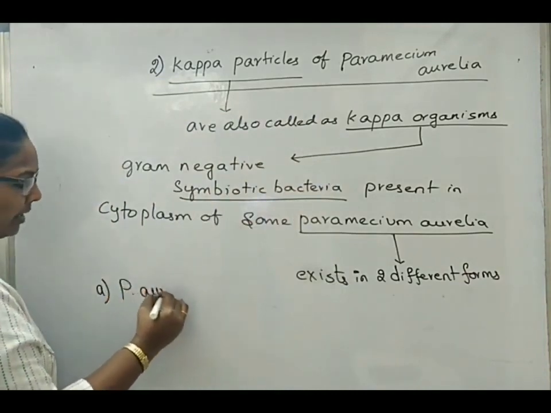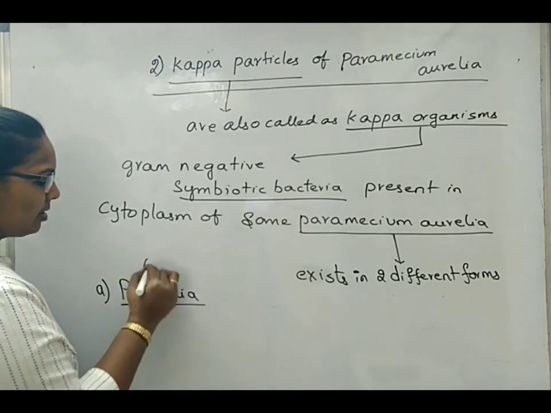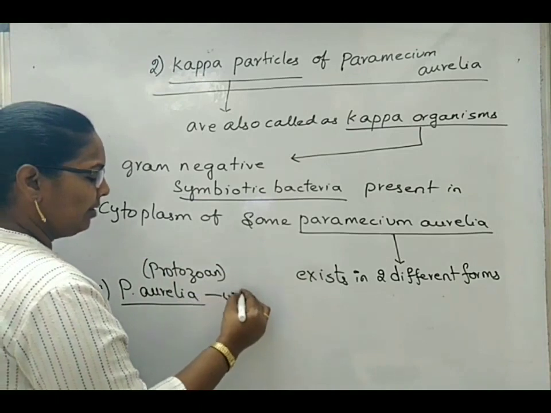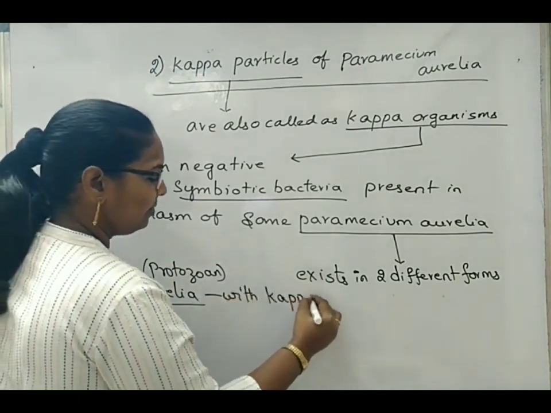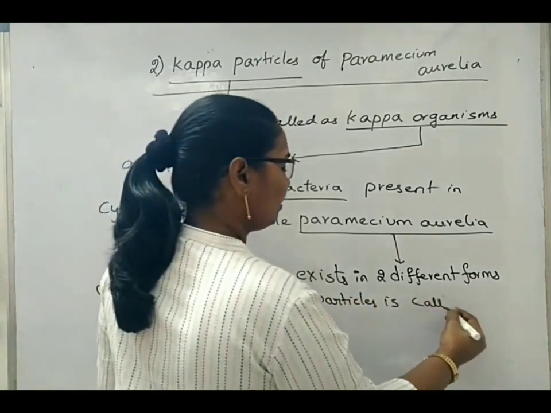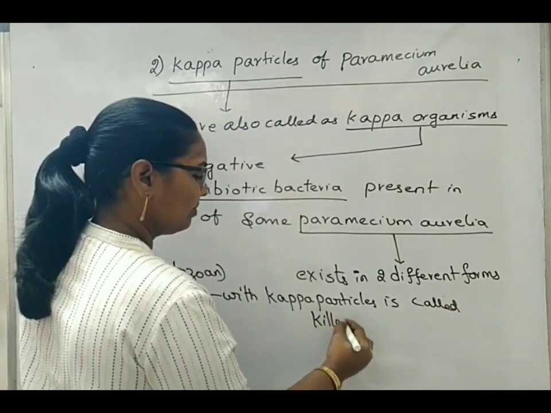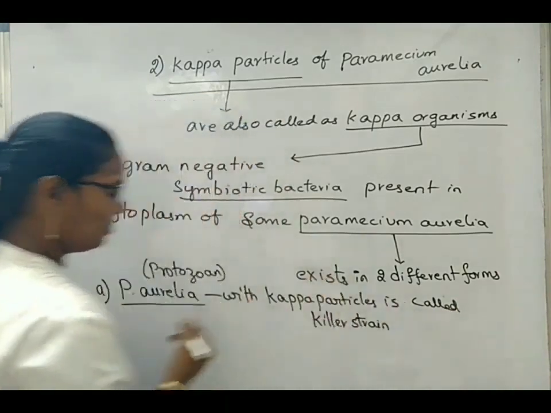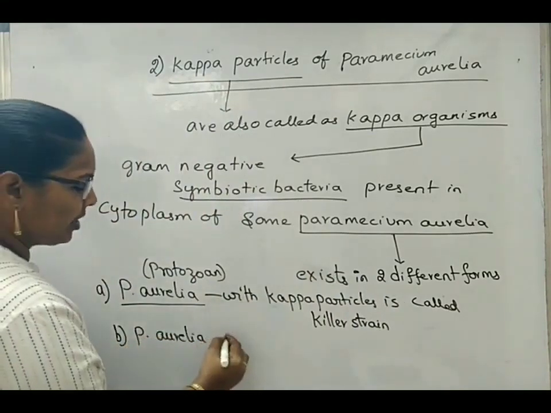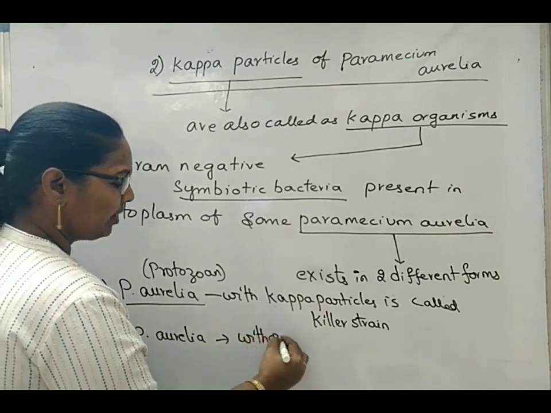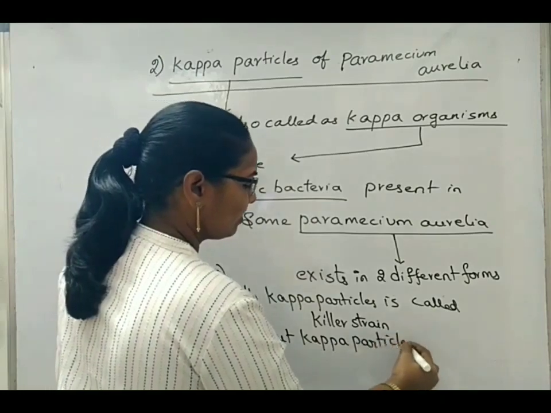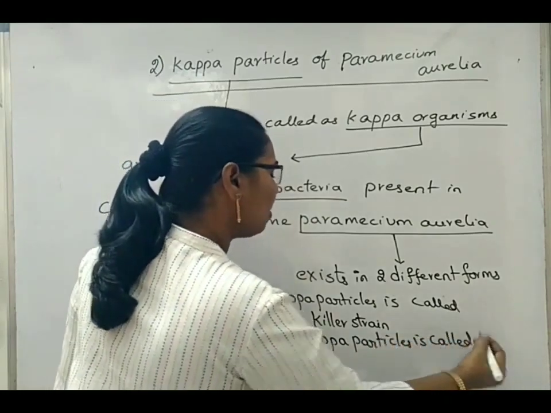Paramecium aurelia, this protozoan with the kappa particles, is called a killer strain. Second type, Paramecium aurelia or any other species without kappa particles, is called a normal or sensitive strain.